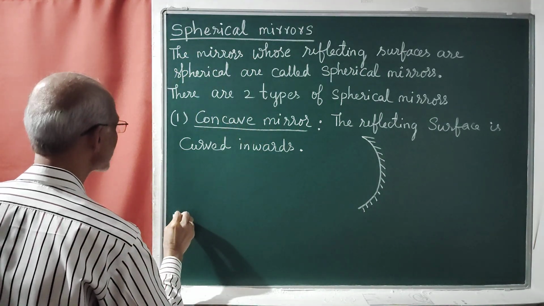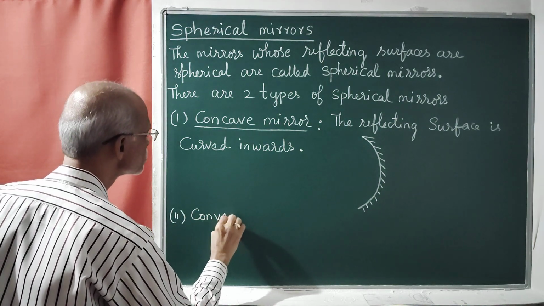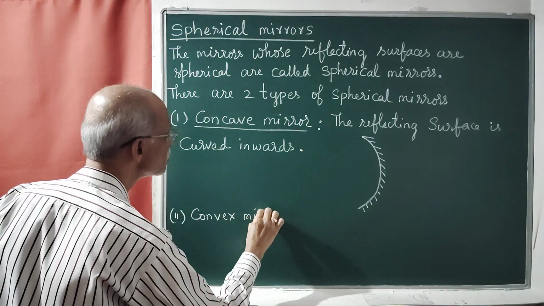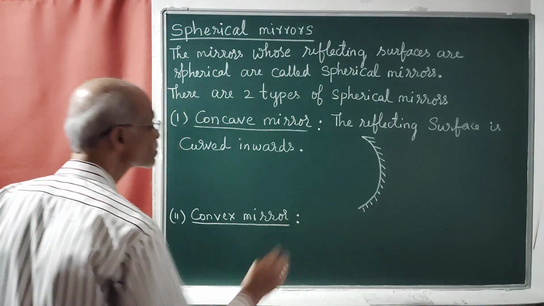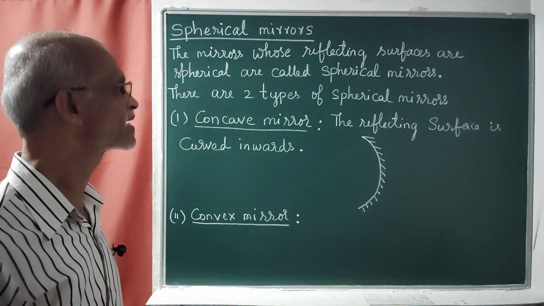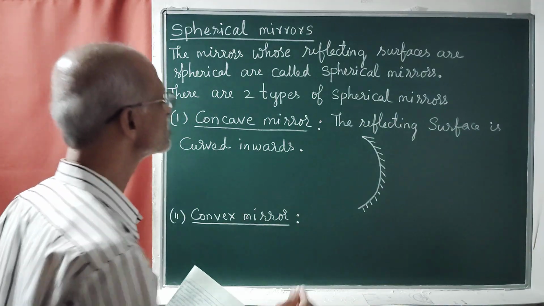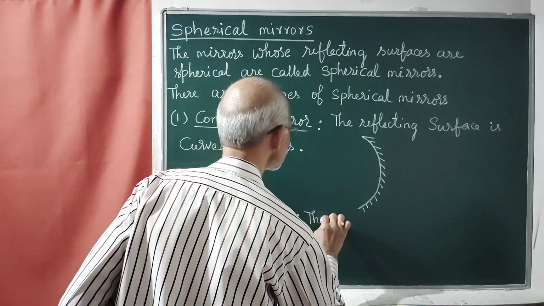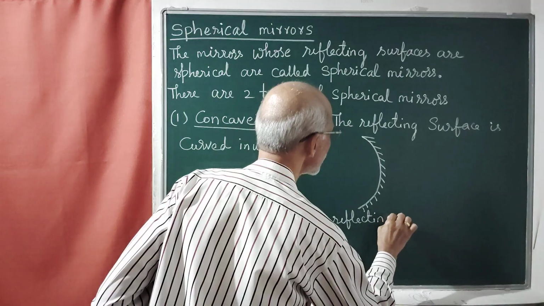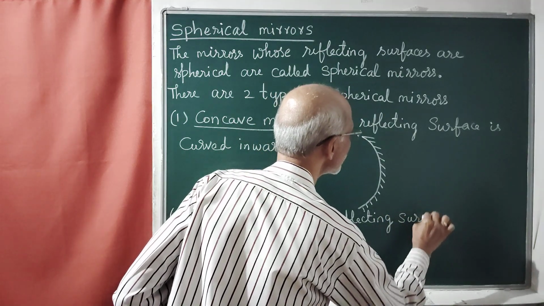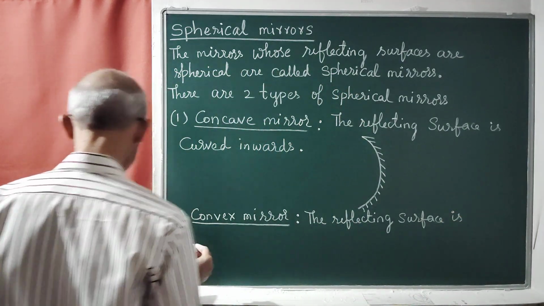Next one is convex mirror. The mirror in which the reflecting surface is curved outwards is called a convex mirror. The reflecting surface is curved outwards.